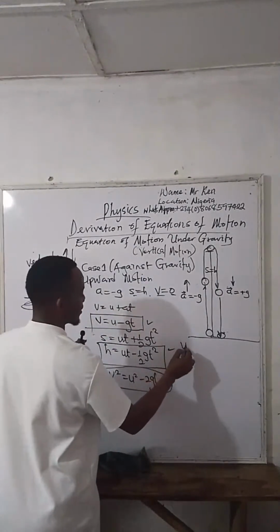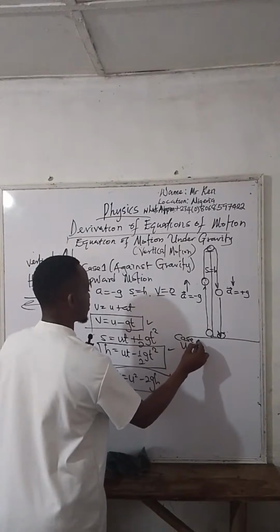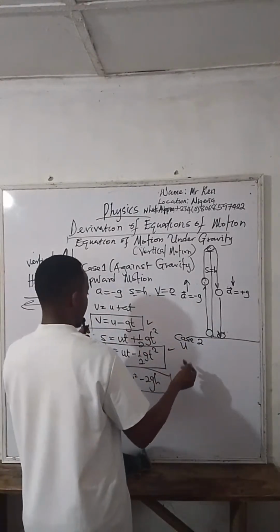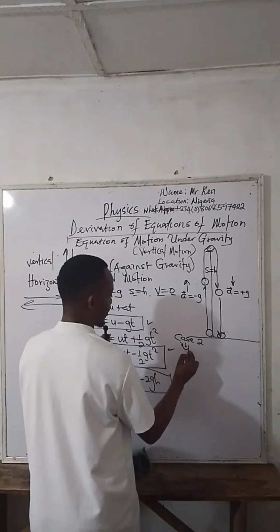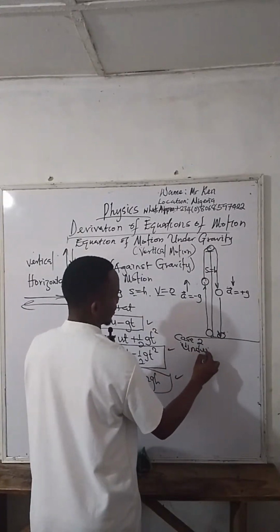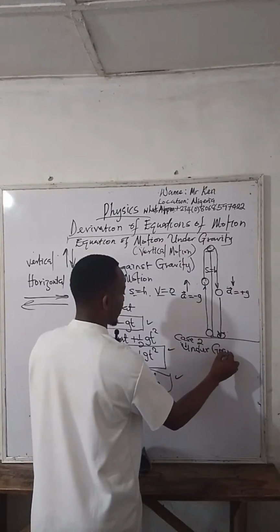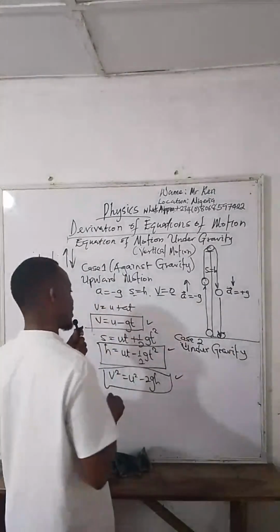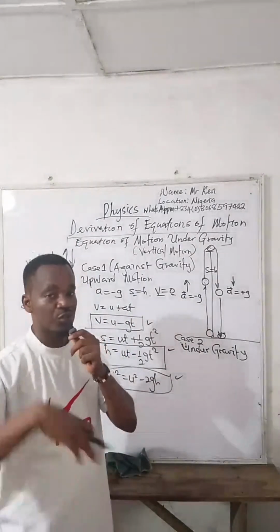So that's case 2, under gravity. Gravity plays a crucial role. That's why they tell us that anything that goes up must surely come down.